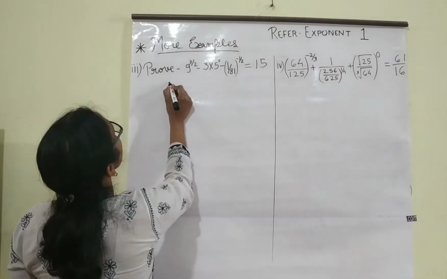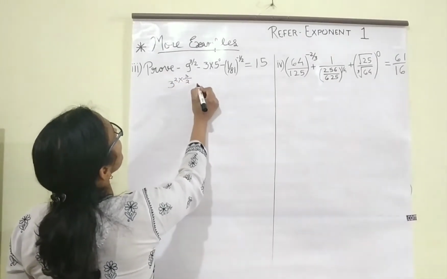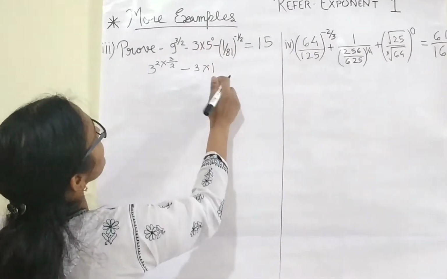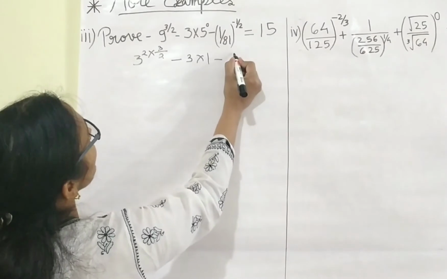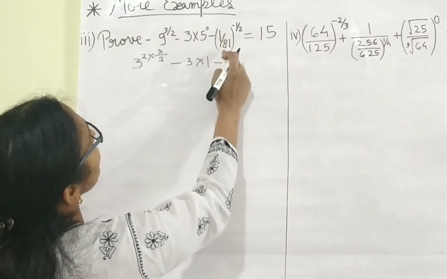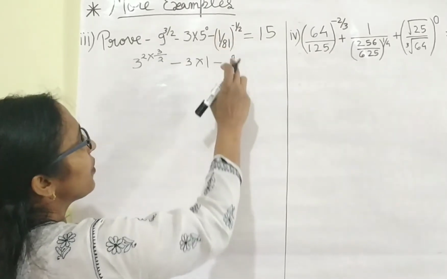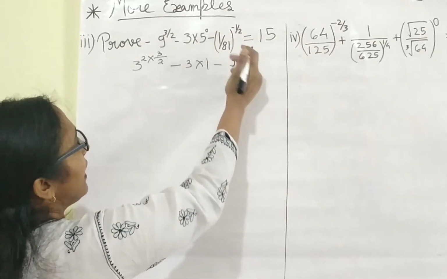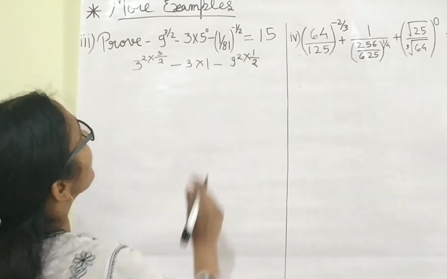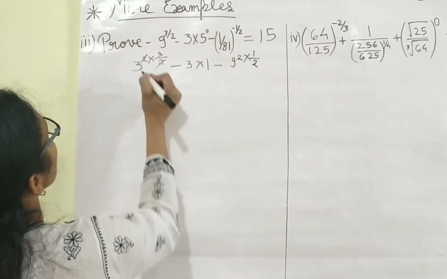So we will write 3 power 2 into 3 upon 2 minus 3 into 1. 5 power 0 means 1, minus 9, 1 upon 81 power minus 1 upon 2. So we will write 1 upon 9 square, and 9 power 2 into 1 upon 2 because the power is in minus. 2 will be cancelled.